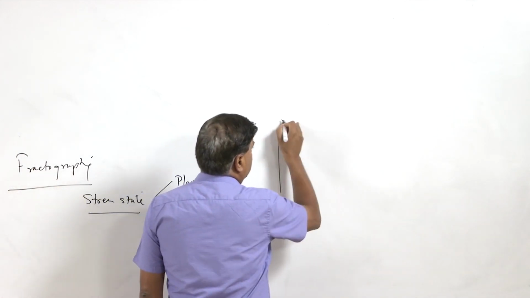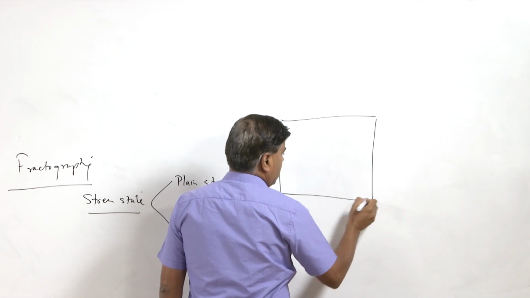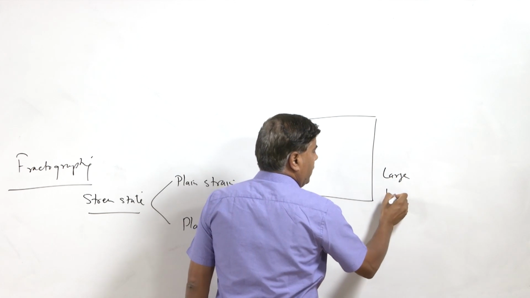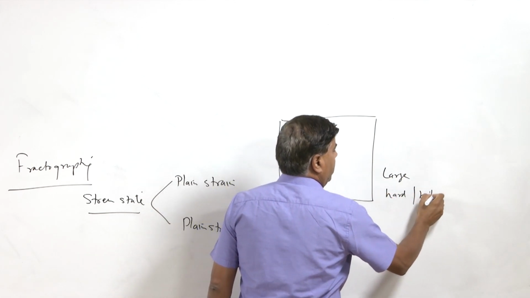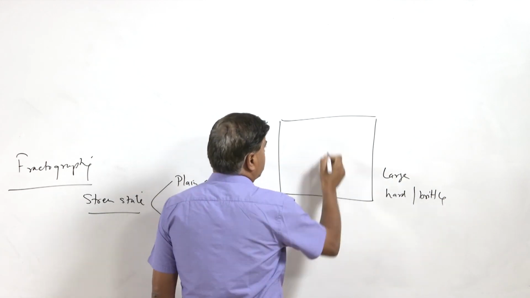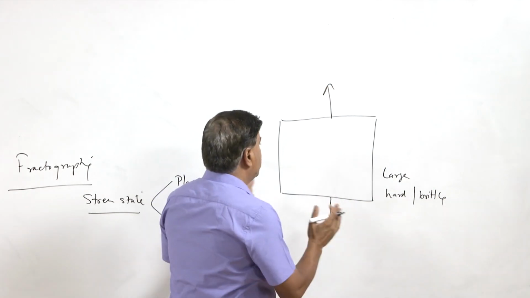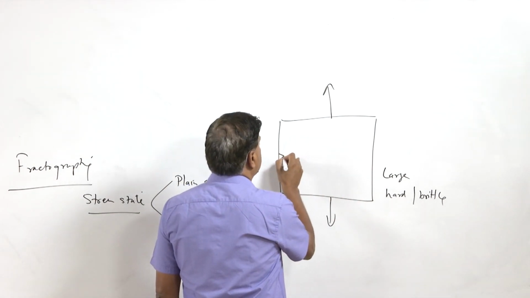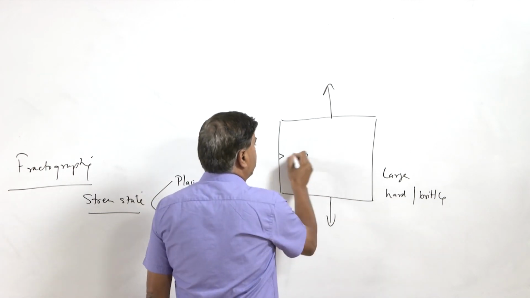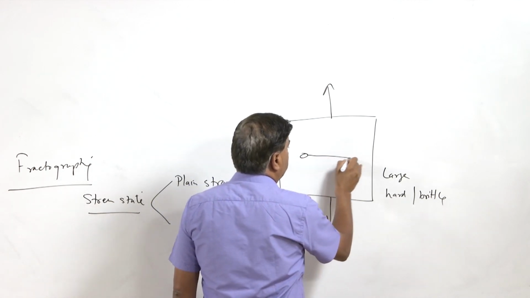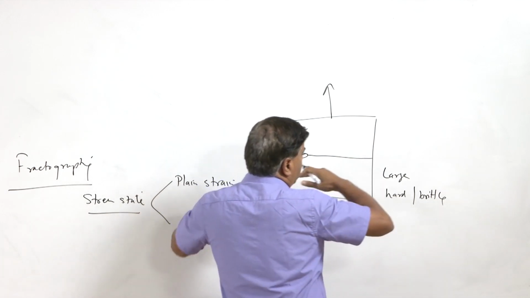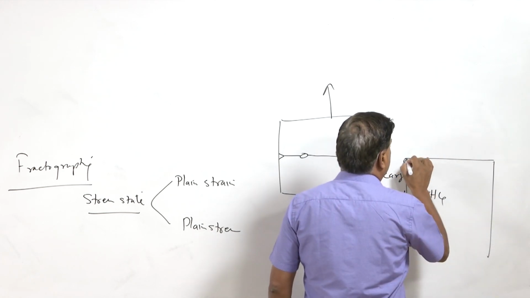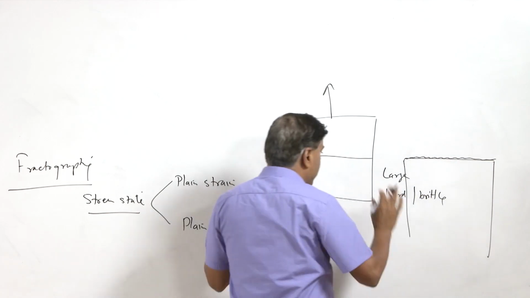When the component size or section is large and the material is hard and brittle, whenever load is applied there is hardly any reduction in the cross section. If there are discontinuities or defects, the cracks will grow rapidly and the fracture surface will be created normal, perpendicular to the external loading, without any reduction in cross sectional area of the component.